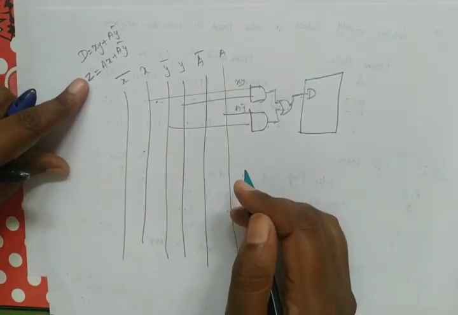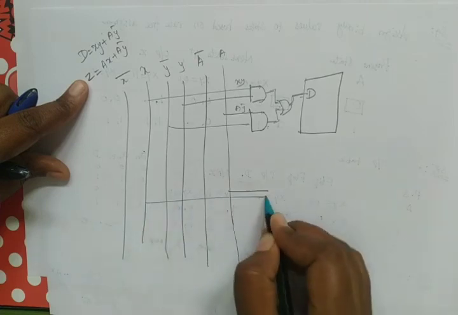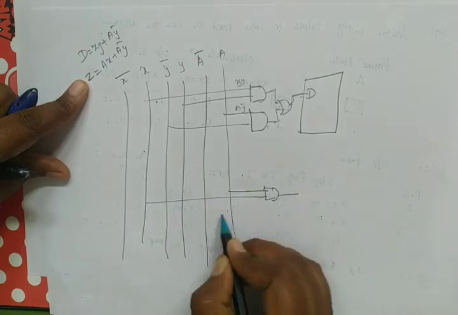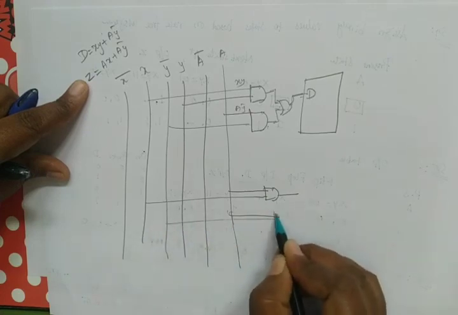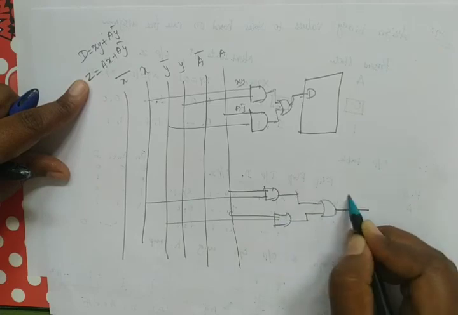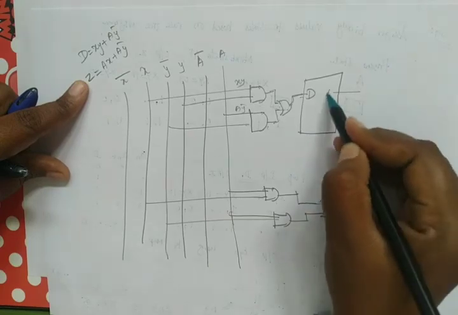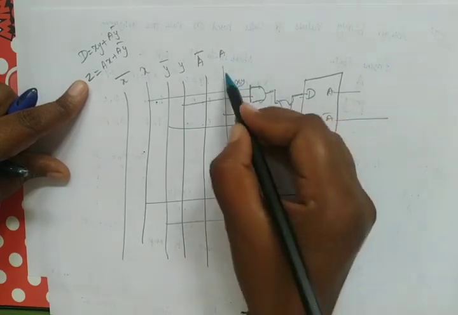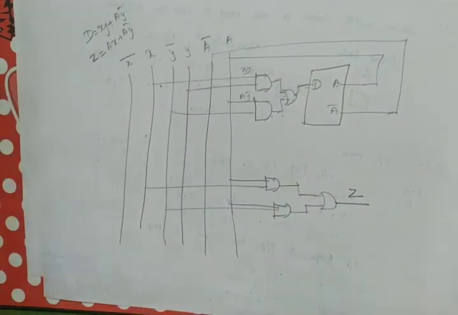Then the next output: A into x, then A into y bar. This is our Z. So here we have A bar. This is our A, this is our A bar. This is our logic diagram.